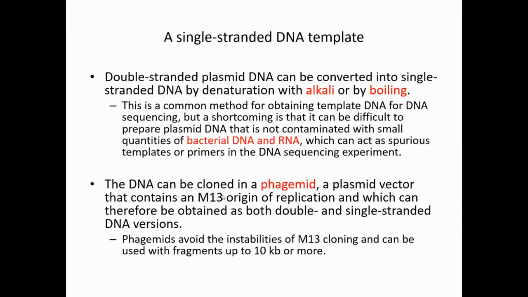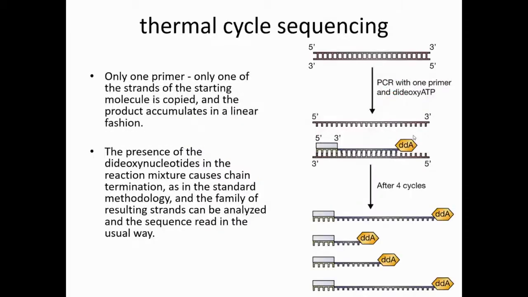So in the early days, to perform the chain termination sequencing, most researchers cloned their target DNA into the M13 vector, so that they could produce single-stranded DNA for the DNA sequencing. So that's the single-stranded DNA template.